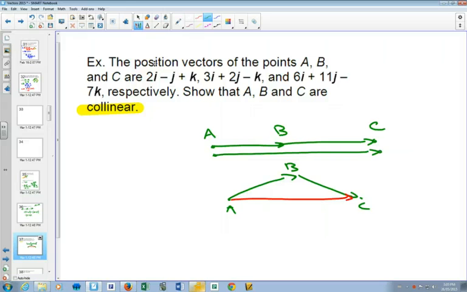We could get a vector for A to C. And then how would you find out if B is on that line or not? Okay, we could find the three-dimensional slope and see if this slope was the same as this slope. Then they would all have to be the same.